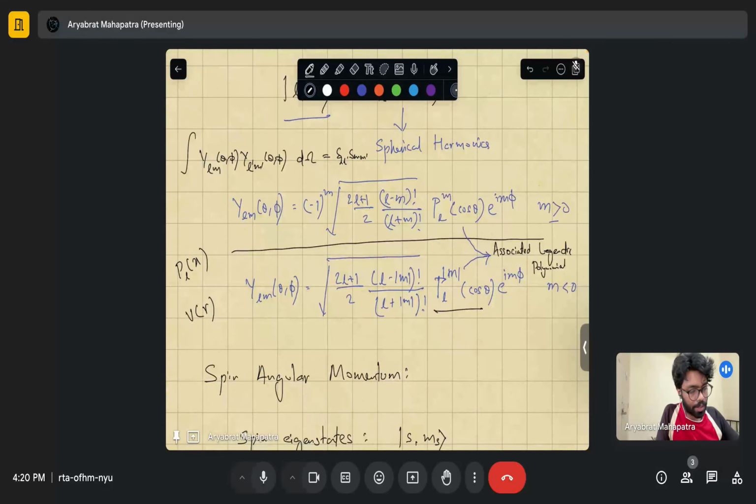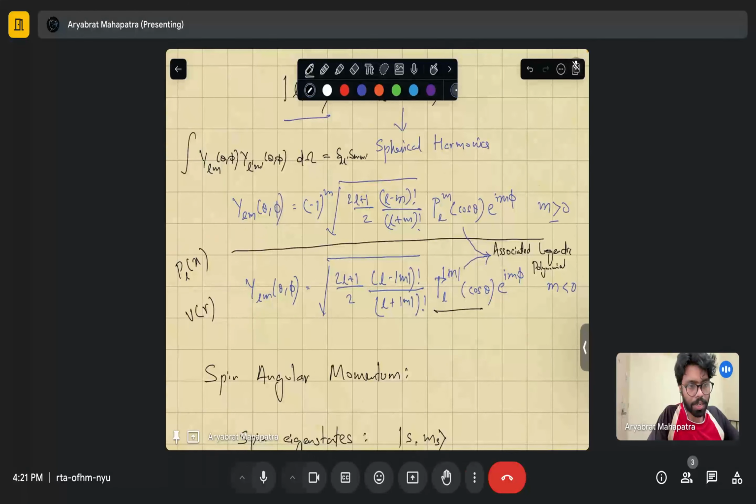For example, I'm talking about the hydrogen atom, which is a spherically symmetric system. The potential falls off like 1 over r, which is independent of theta and phi.